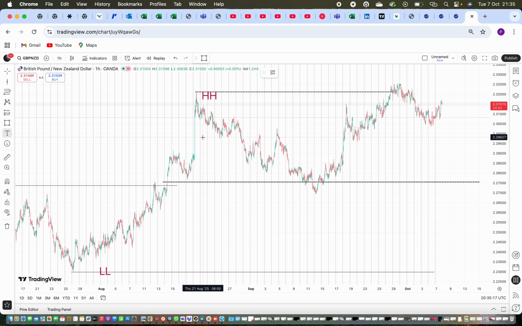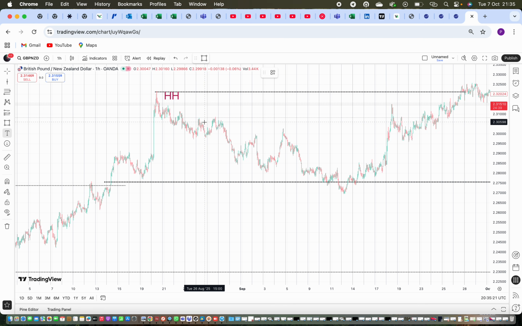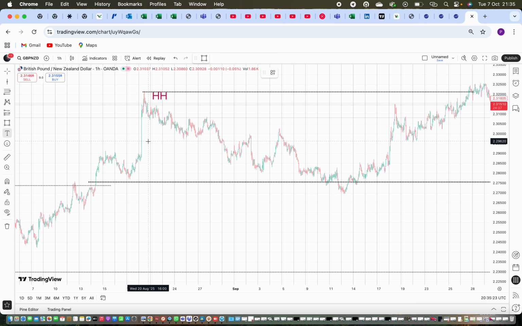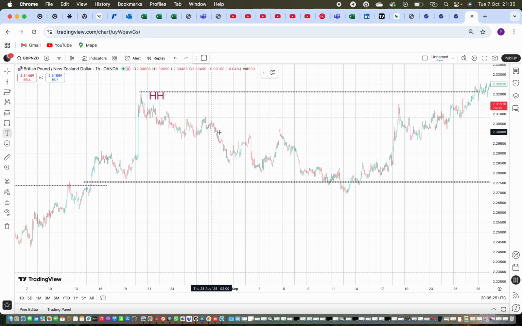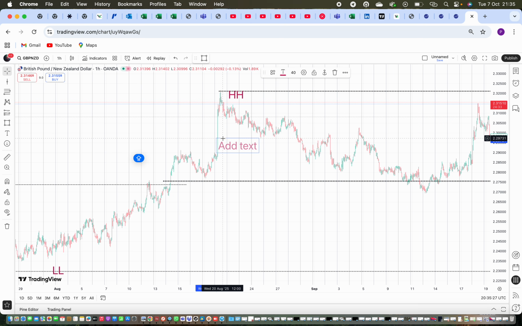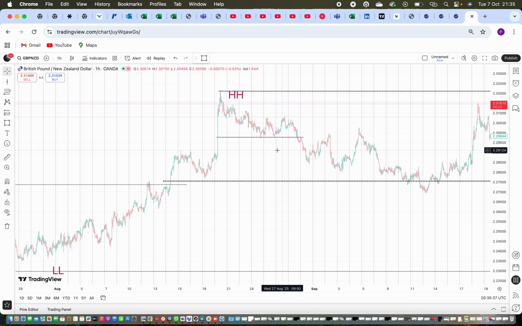We saw this movement one day. Notice how the movement was creating a series of higher highs, and it was in days. We first broke structure. We broke structure here. These are the internal structure, you need to know that.